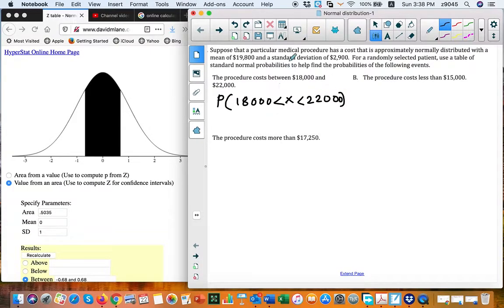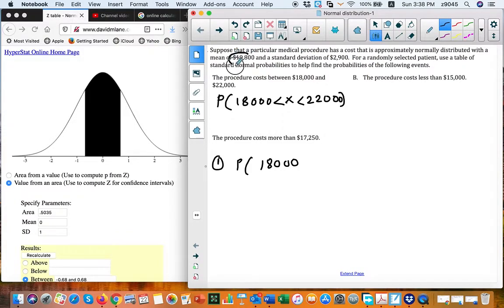Just because this is a normal distribution, I'm not using z, I'm using x. A normal distribution can be converted into a standard normal distribution using x minus mu divided by sigma. So I'm going to write the same relation here.